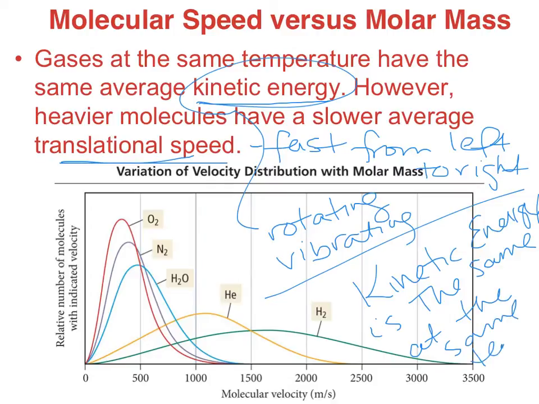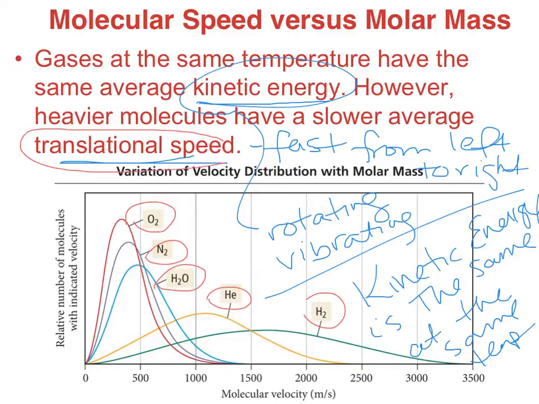So if I have a mixture of gases and they're all at room temperature, let's say 25 degrees Celsius, and one of them is this huge monstrous molecule and another is an individual gas atom, and I ask you what is the difference in the kinetic energy, your answer is there is no difference if they're at the same temperature. It doesn't matter on their size. However, what is different depending on their size or molar mass is their translational speed or their velocity.